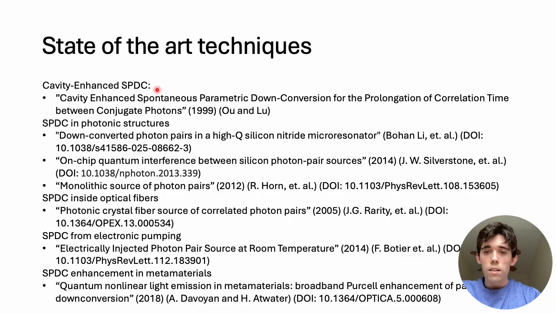And the other push is to integrate these single photons into photonic structures in order to do more information processing with them. So there's been some efforts to generate these in thin films of silicon nitride, for example, which is interesting because silicon nitride typically would not have this strong nonlinear optical effect that, for example, a BBO crystal might have.